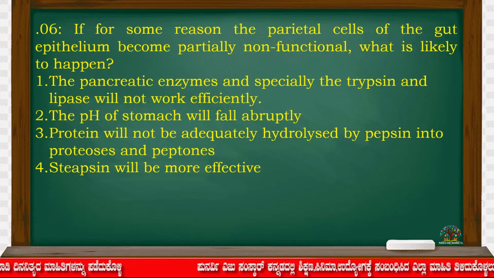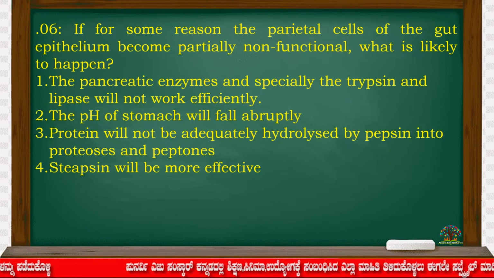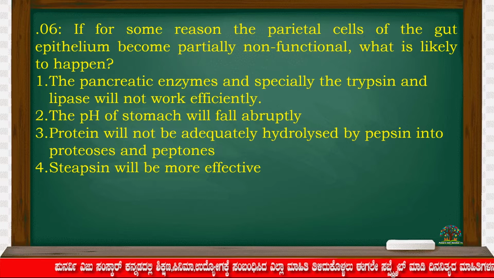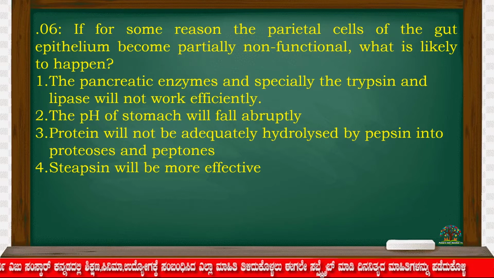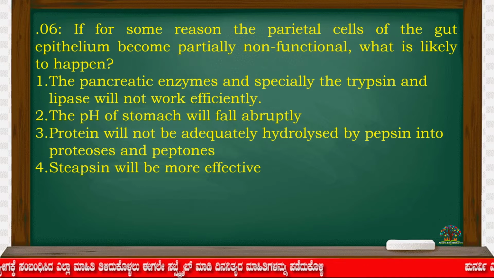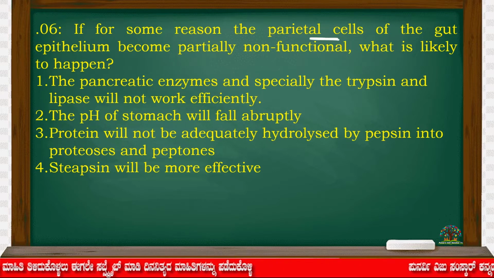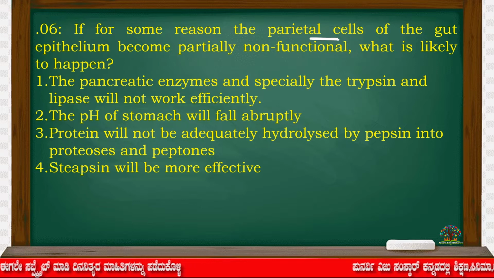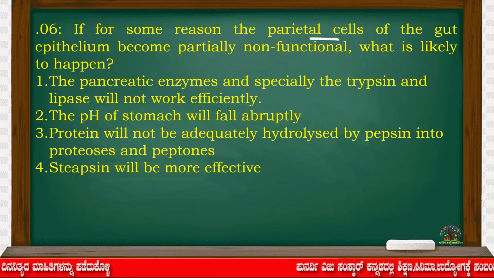Question number 6, which reads, if for some reason the parietal cells of the gut epithelium become partially non-functional, what is likely to happen? So if the parietal cells of the gut or the stomach region fail, what is likely to happen is the intention of this question.